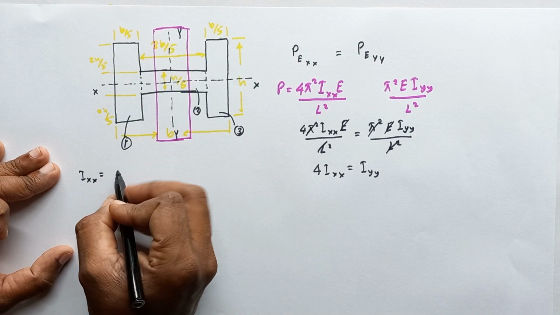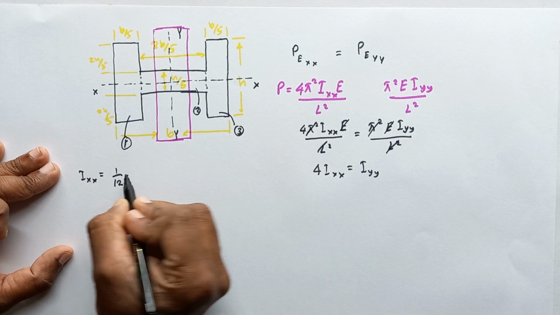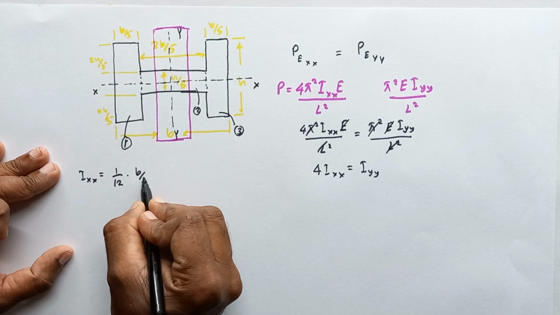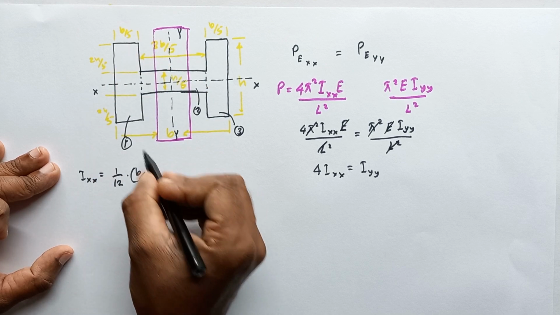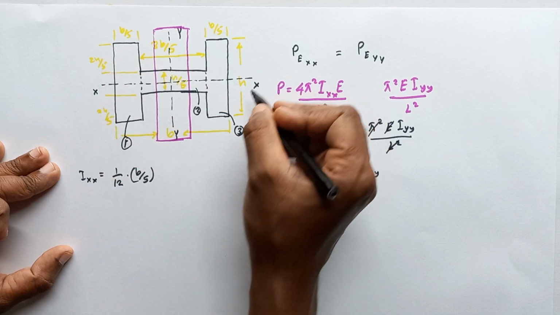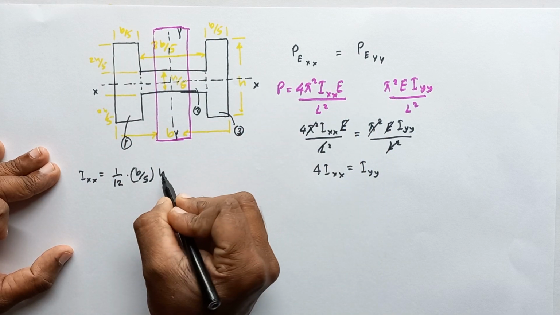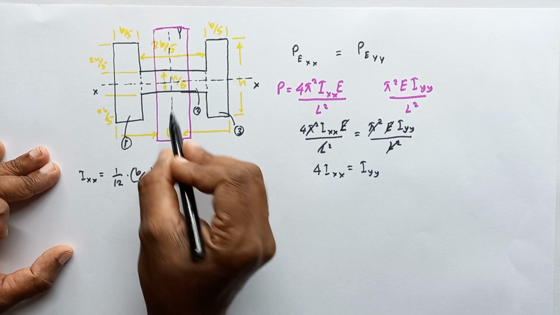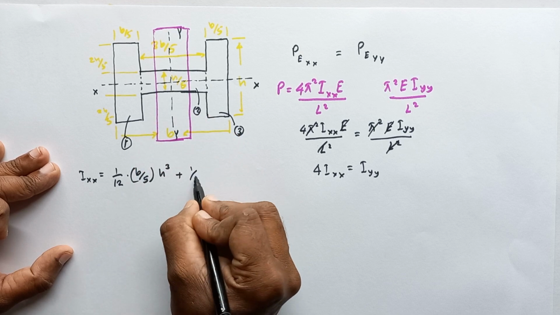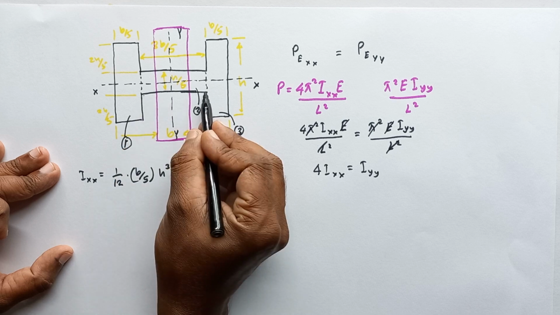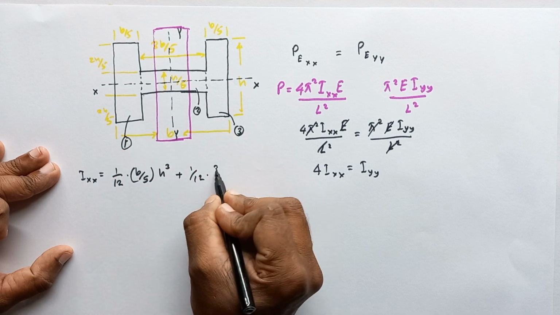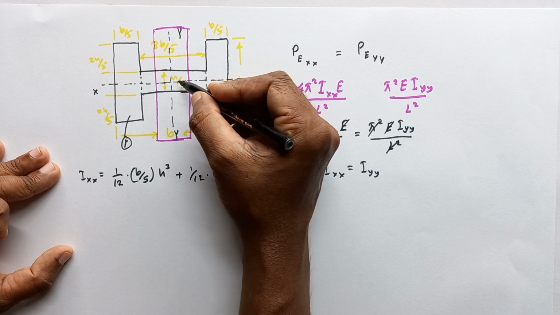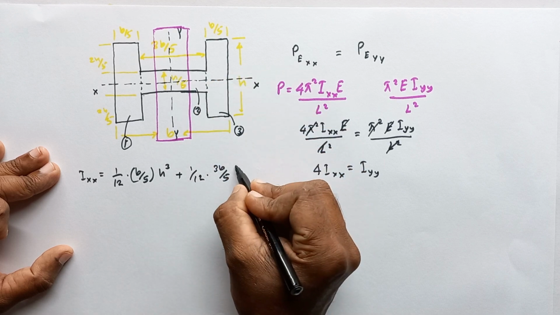For area 1, it is 1 over 12, B divided by 5, H total height, H cube, plus 1 over 12, B, this length is equal to 3B divided by 5, the height is equal to H divided by 5.